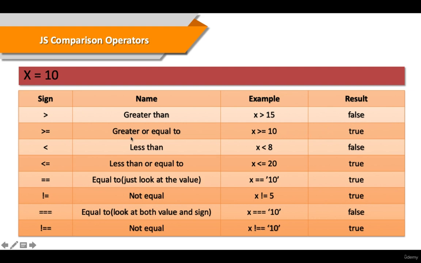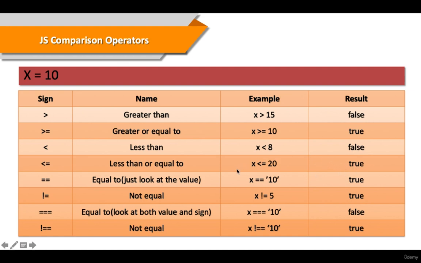Next one is greater than or equal to. So 10 is greater than or equal to 10. Okay, so that's true. Next we have less than and less than or equal to. And you see that when you plug in 10, 10 is not less than 8, so it evaluates to be false. 10 is less than or equal to 20, so it evaluates to be true.